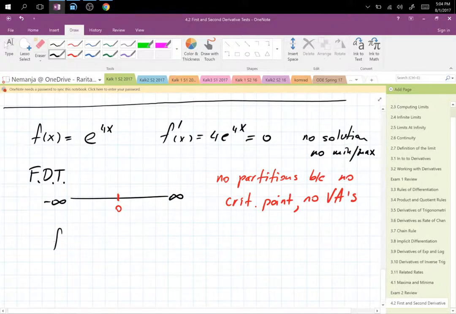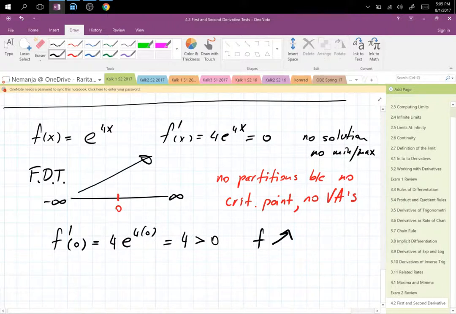And now f prime of 0 is 4e to the 4x, oh sorry, plug in 0 there, which is equal to 4, which is larger than 0, which means the function is increasing, so the whole thing.